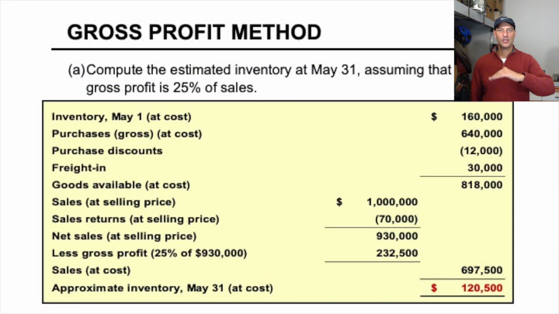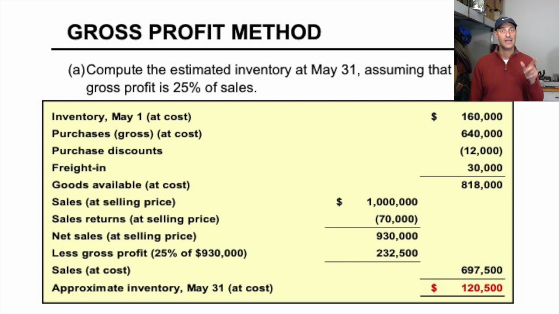Now, if we do it as 25% of sales, we work through our goods available for sale, which is going to be $818,000. Our sales at the selling price is $1 million minus the returns of $70,000 gives us net sales of $930,000 less the gross profit. So 25% of the 930.